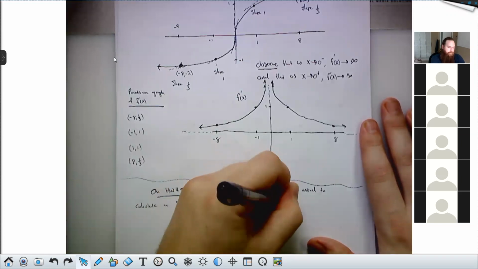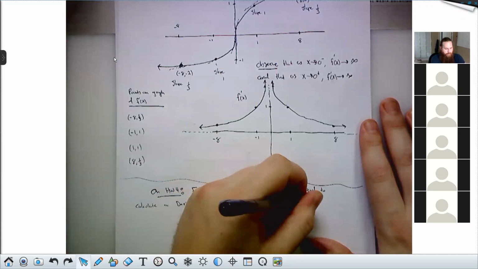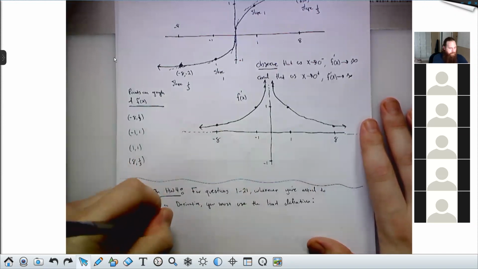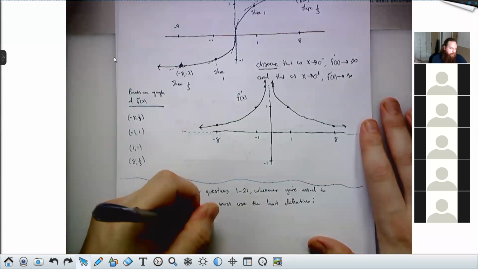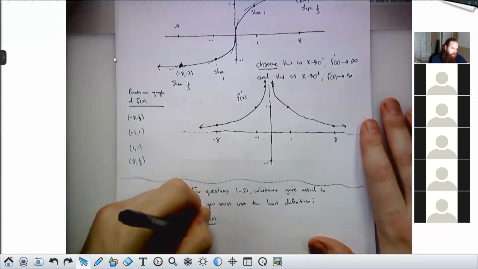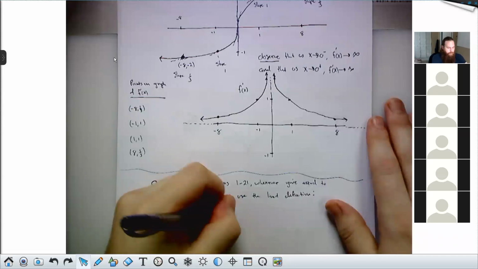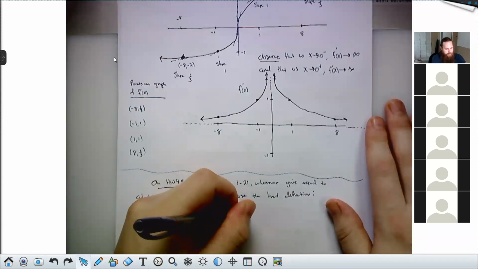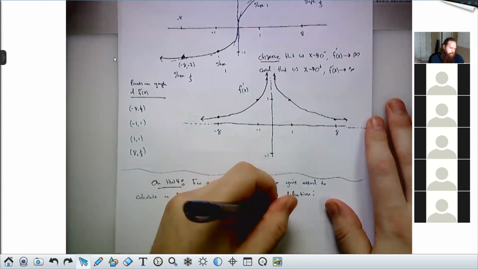So read the questions. The question says use the definition. That is the limit as h goes to 0, f of x plus h minus f of x all over h. Not any other rules. Or tricks.